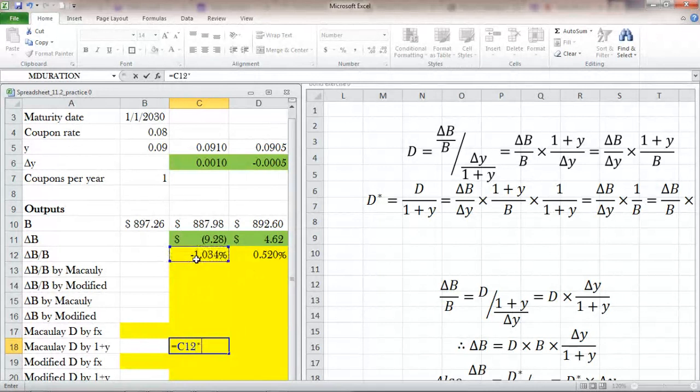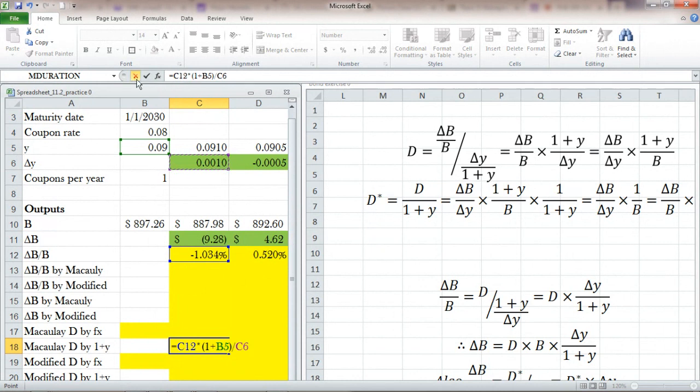times 1 plus Y, plus Y. The Y in here has to be the old interest rate, not the one before the change, not after the change, right? Divided by change in Y. This is the change.